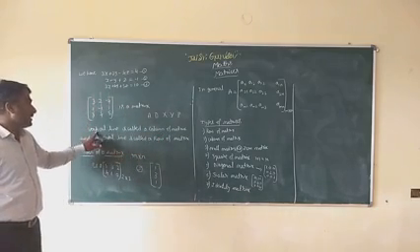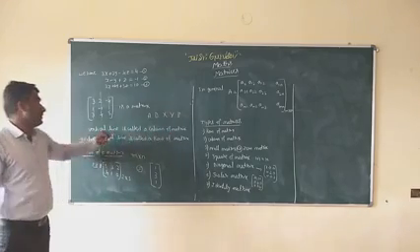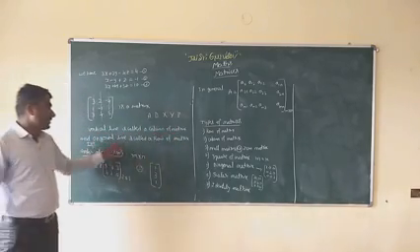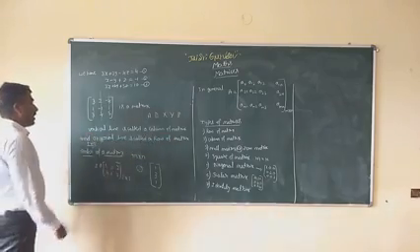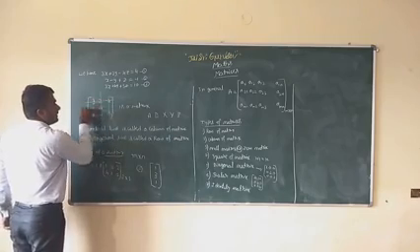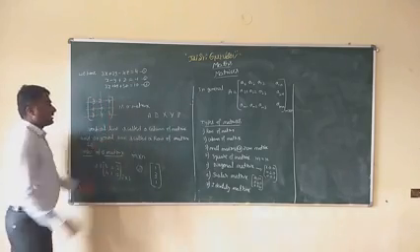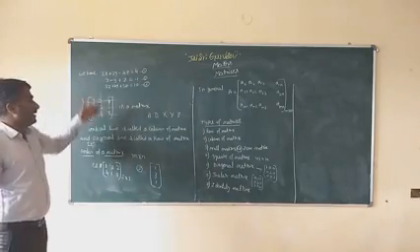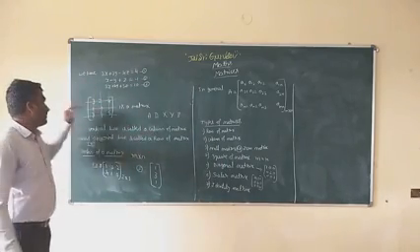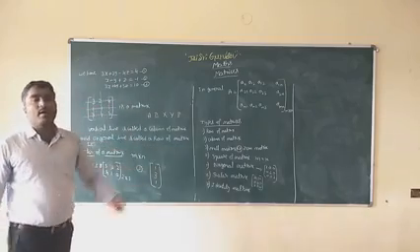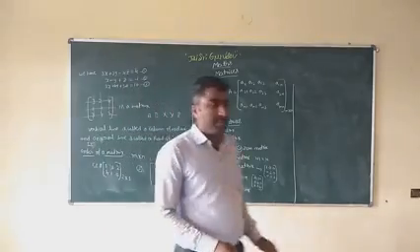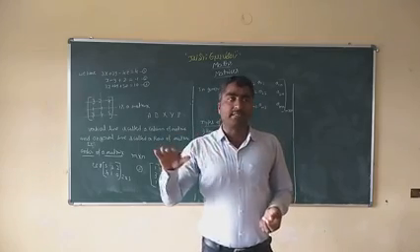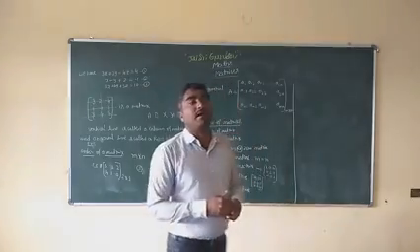In the matrix, a vertical line is called a column. Similarly, a horizontal line is called a row of the matrix. This is horizontal: 2, 3, 2, 4. A horizontal line is called a row of the matrix. The vertical line is called a column of the matrix.